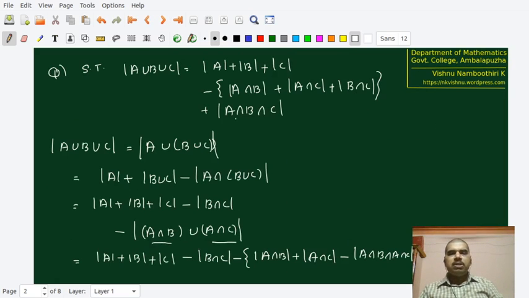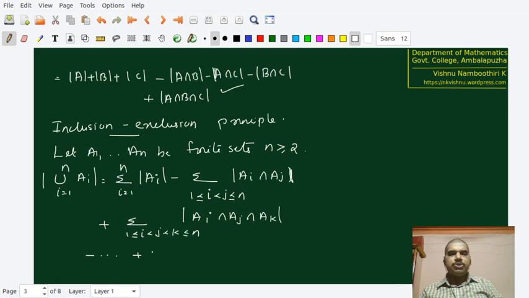When we have three sets, we have this equal to plus, that is minus 1 raised to 3 plus 1. So when we have n sets, we must have minus 1 raised to n plus 1, that's the sign. Instead of using Ai, we can have intersection i equal to 1 to n Ai.